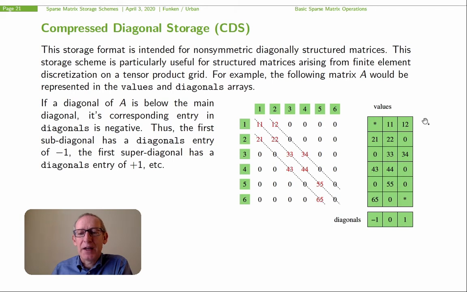If you multiply the vector by the sub-diagonal, you just shift the vector. So usually you multiply x1 by this entry, x2 by this entry, x3 by this entry.